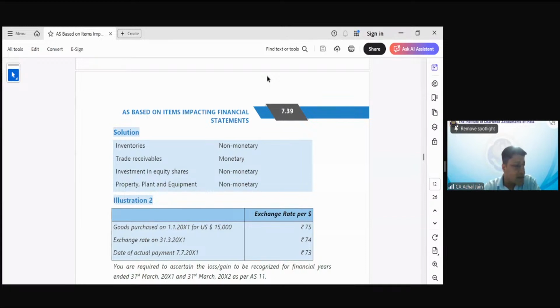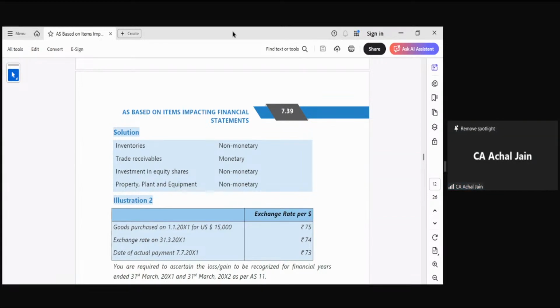Yes, sir. I don't get why investment in equity shares is non-monetary. Okay, so can you tell me whether PPE is non-monetary? Yes, that is non-monetary. Why is that non-monetary? Because, sir, for PPE as a whole, we don't know the actual amount to be determined, so it is undeterminable.